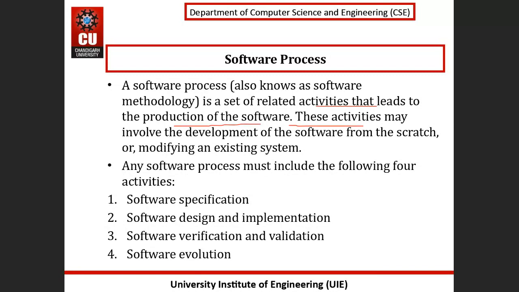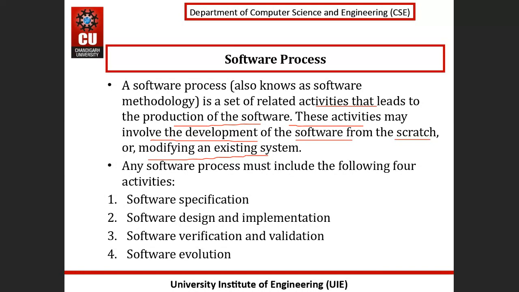These activities may involve the development of the software from scratch or modifying an existing software. So maybe we are starting from scratch, working on new software, or maybe it is the maintenance part of any existing software, or modifying an existing software.